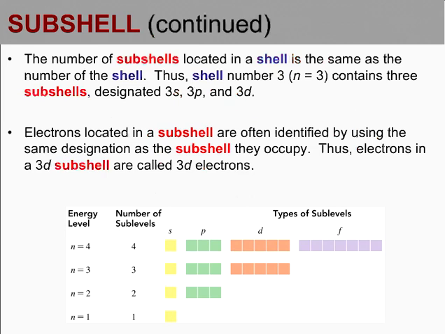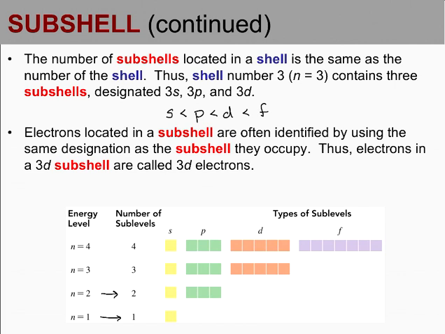Now we're also going to divide up these subshells into S, P, D, or F. So you'll notice again that in energy level 1, we have 1 subshell, and we're going to start with that lowest energy subshell, which was S. So remember that S is lower in energy than P, D, and then F. Now in energy level 2, we have 2 subshells, so we're going to add on the P subshell there.